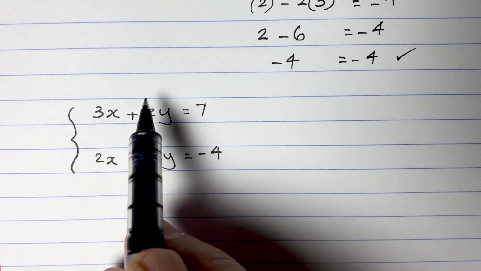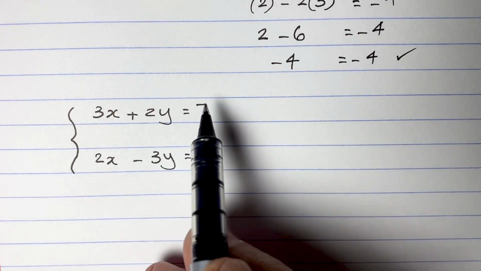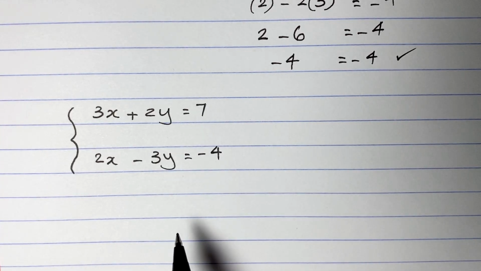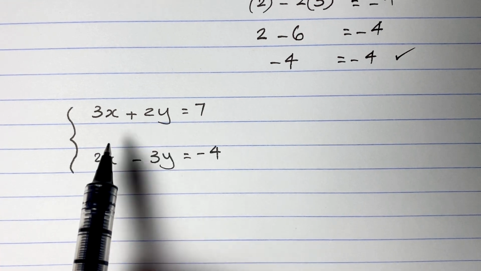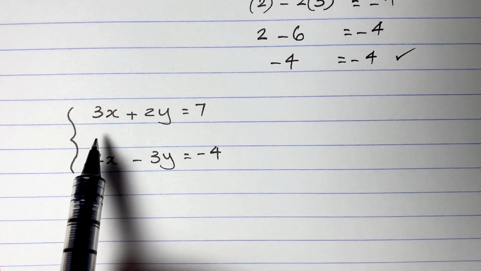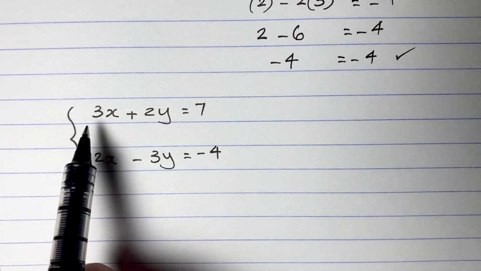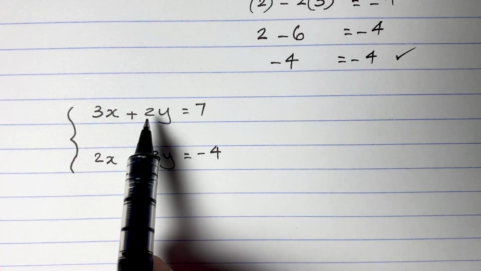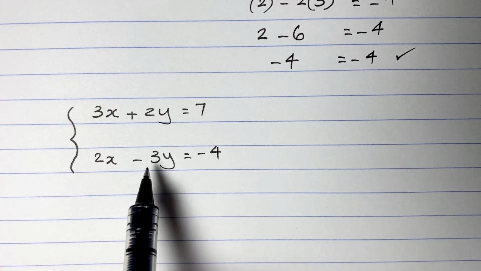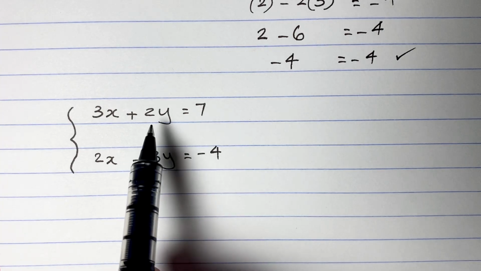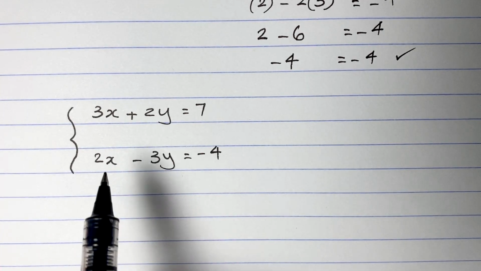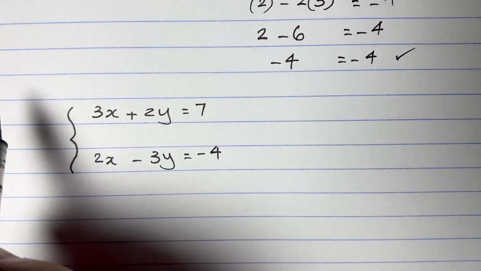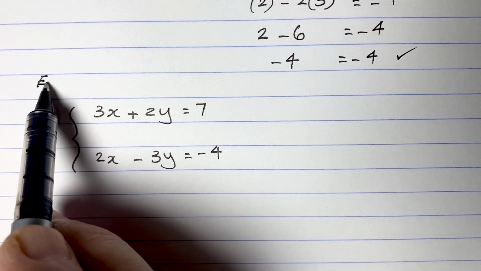I check, I can see x, y, and the numbers and equal sign, they're all in the same column, and I decide to eliminate either x or y. The coefficients of x are different, 3 and 2, so is for y, 2 and minus 3. But because y has different signs, I choose y, because I can add and get rid of, so eliminate y.